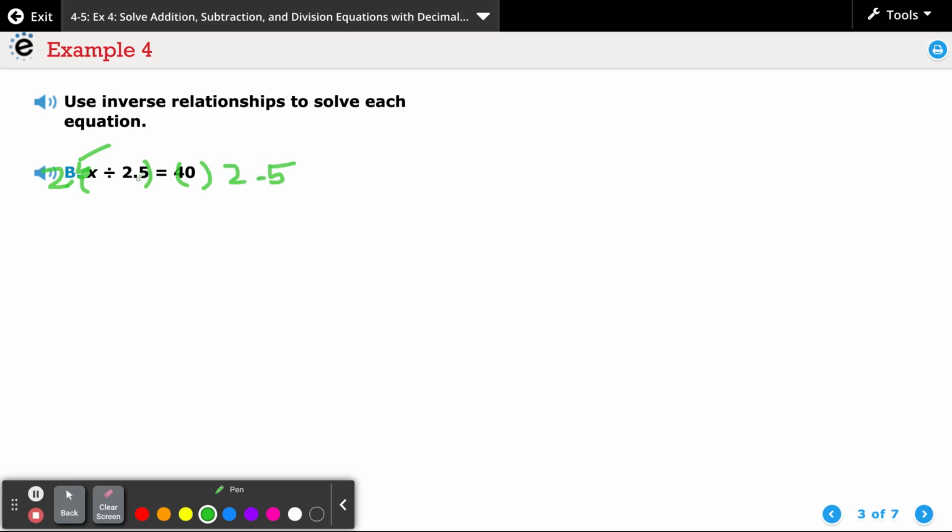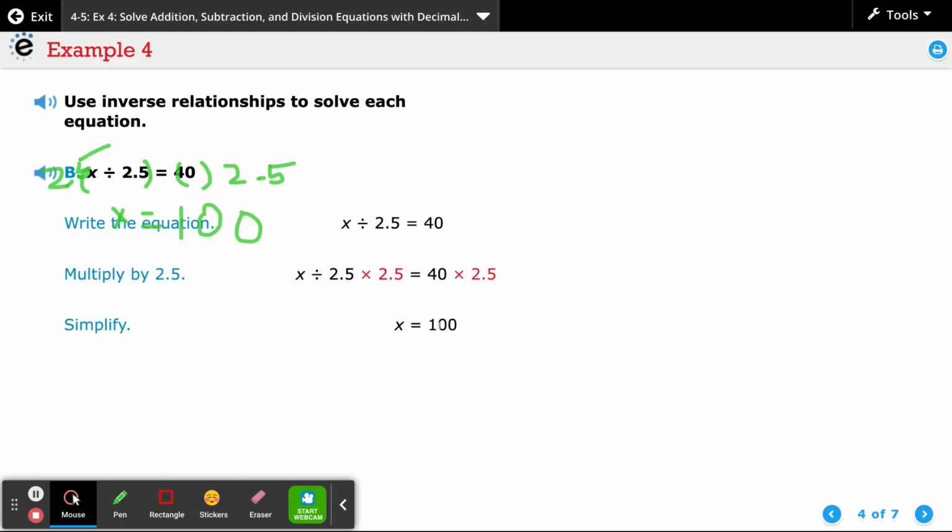X divided by 2.5 times 2.5, divide, then multiply by, just cancels out, and I'm left with x is equal to 40 times 2.5. Let's see, 40 times 2 is going to give me 80, and then half of 40 is 20, so that's going to be 100. There's our x is 100.